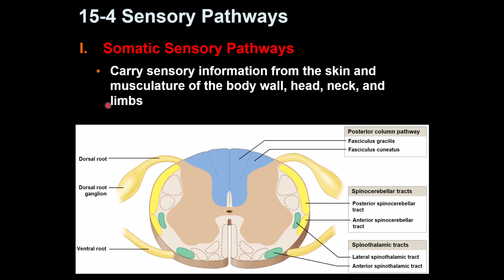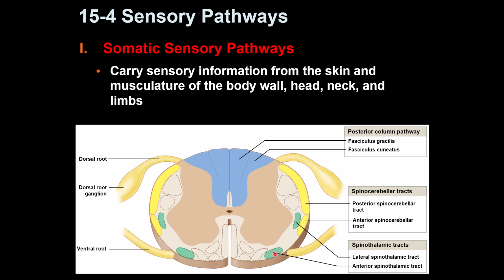So this is that diagram. If you guys remember it, this was chapter 13, and I said that I will come back to that, so I have to keep my promise. And this shows the different sensory pathways. So this is the anterior white column, and one tract is located here.